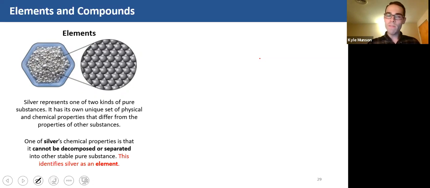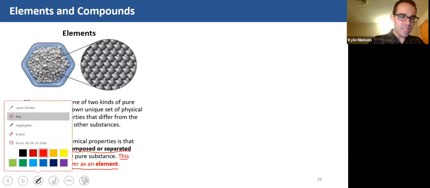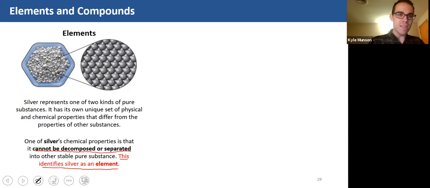One of silver's chemical properties is that it cannot be decomposed or separated into other stable, pure substances. All right, so that identifies silver as an element. You probably already knew that silver was an element, and you could just look on your periodic table and see that too. But what I just said is how we're going to define an element in this class.